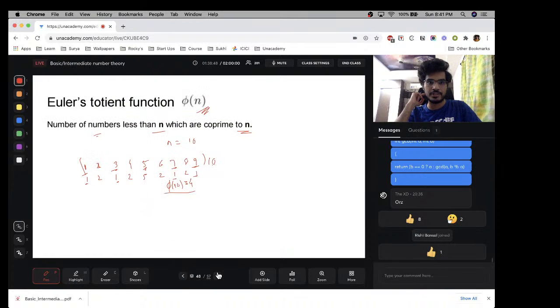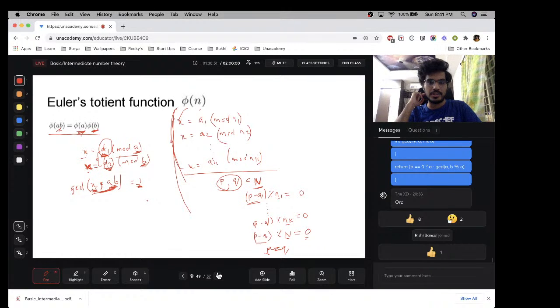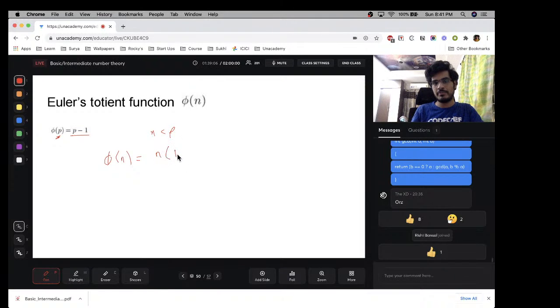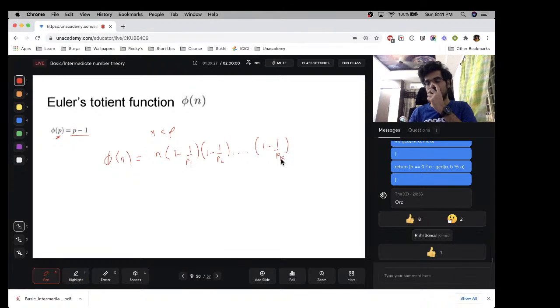We also found the Euler totient function. For any given general number n which is not prime, phi of n will be n into 1 minus 1 by p1 into 1 minus 1 by p2, and so on up to 1 minus 1 by pk, where p1, p2, p3, up to pk are all the prime factors of n.